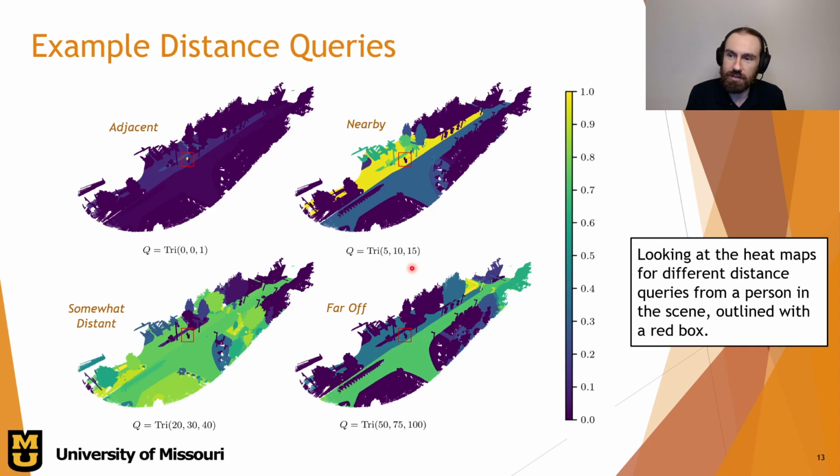And as we start to increase this value, so we go from 5, 10, 15, we start to highlight things a little bit further away from that person. And as we increase it a little bit more, we start to get things even further away, and we start to exclude the things that are right on top of this person. And then far off, we only really highlight things that are really far away. And so we have a lot of flexibility in how we might define how far away objects are from a particular reference object.